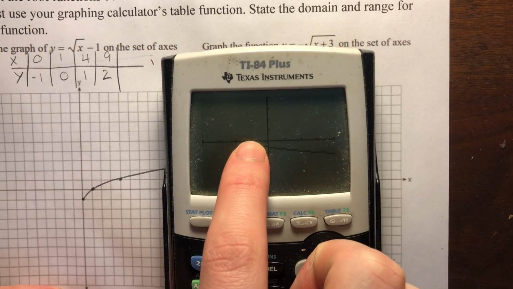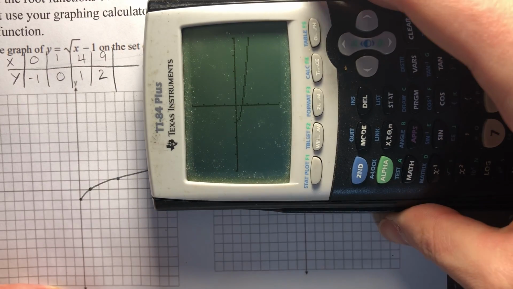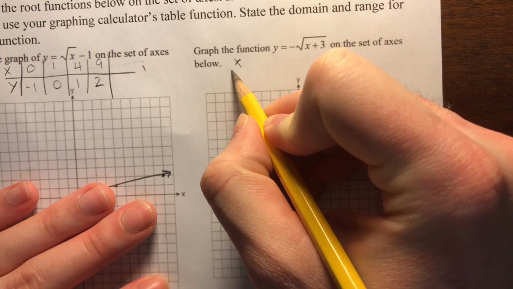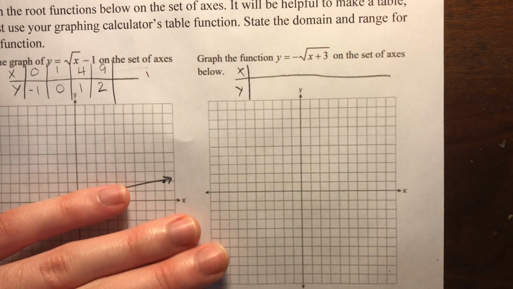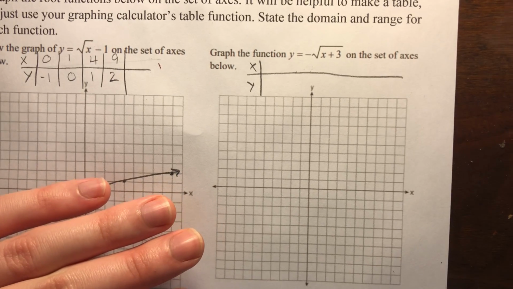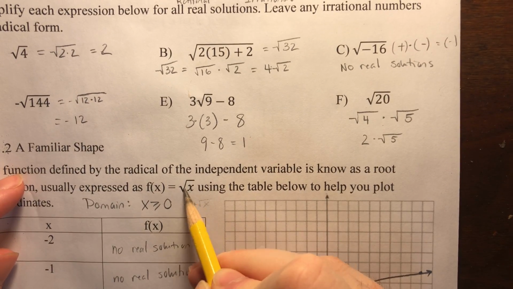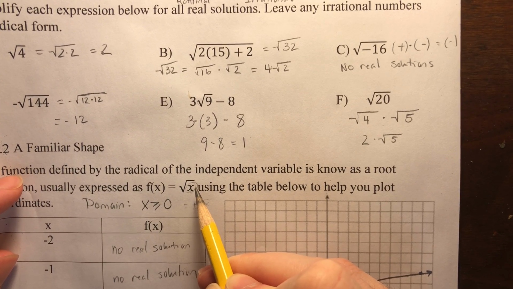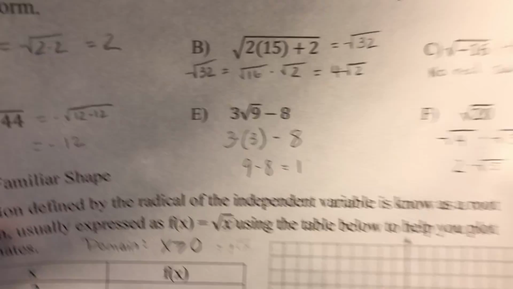We can see now, because it's negative, that we're getting the other side of that parabola if I turn my calculator sideways. But I'm going to do the same thing. If we remember from the previous part, when I talked about the domain, whatever's in that radical has to be greater than or equal to 0, because if it's less than 0, then we'll be taking the square root of a negative number.